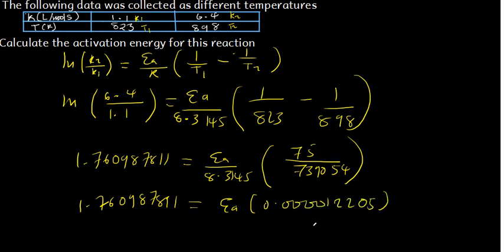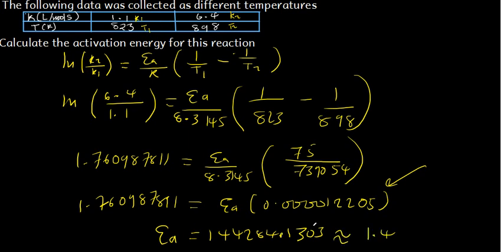Well, to remain with the activation energy, we are just going to divide by this number we can see on both sides. So the activation energy is going to give us 144,284.1303, which we can as well just write in standard form as 1.4.